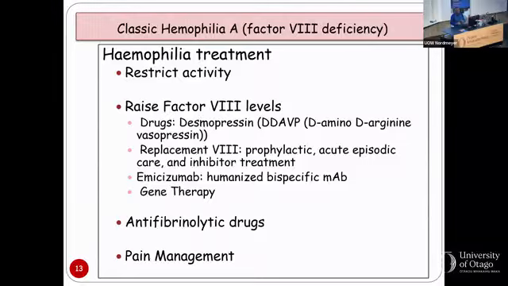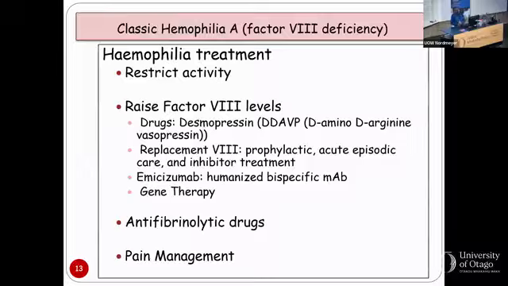Previously it used to be human factor 8, plasma derived, or it could be recombinant. Because it's external to the person, they could develop antibodies against it, which we would loosely call inhibitors. When these inhibitors develop, it creates a problem, because now you can't give the factor 8 anymore. It's not going to be effective.